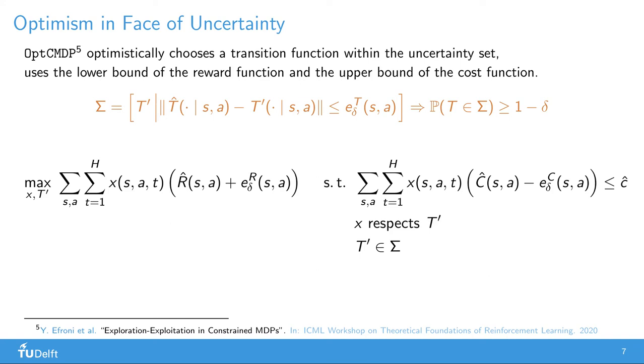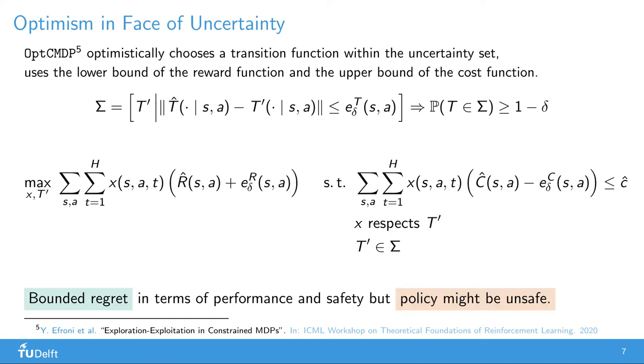Now, when we are solving the linear program, we can allow the agent to choose which of these transition functions inside of the uncertainty set it wants to use to compute the occupancy measure. Also following the optimistic strategy, we can use the upper bound of the reward function and the lower bound of the cost function. An agent following this policy has bounded regret both in terms of performance and safety. However, in the early episodes, this policy might be unsafe.